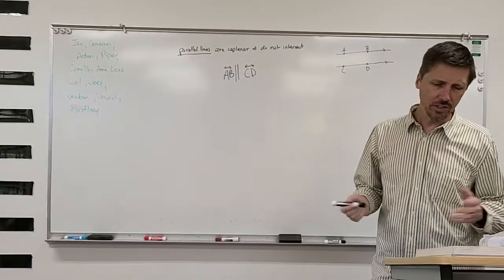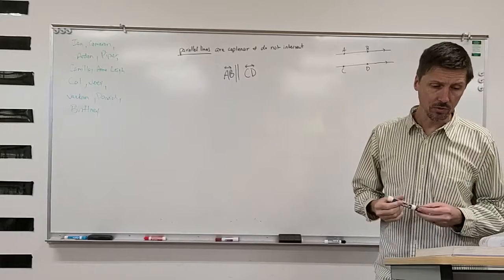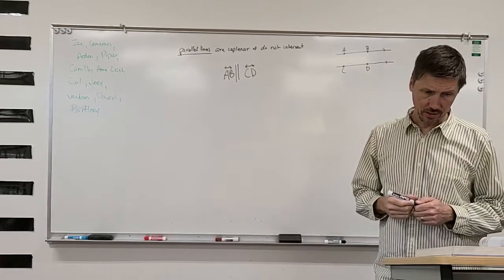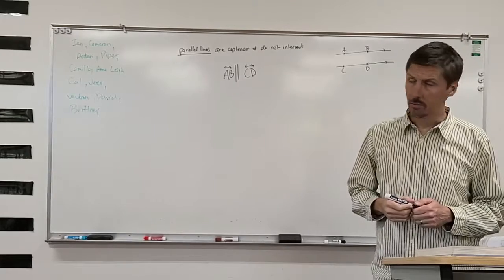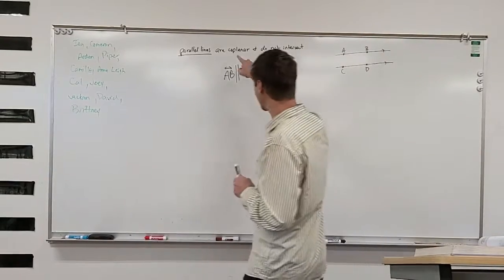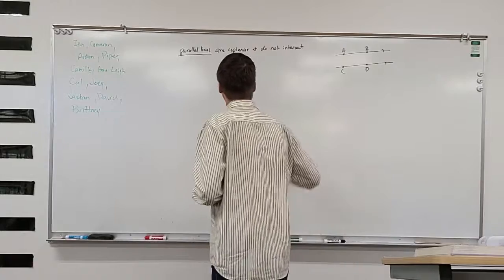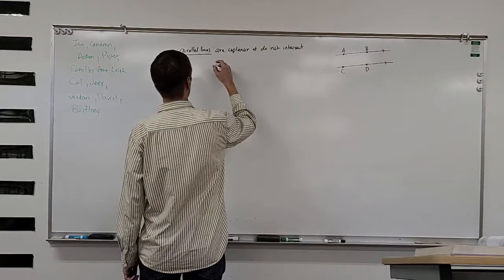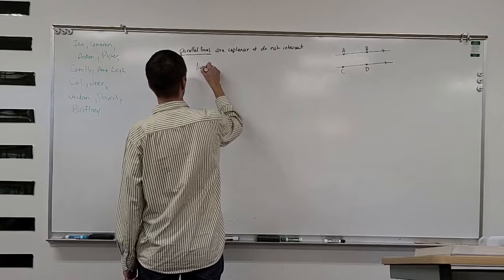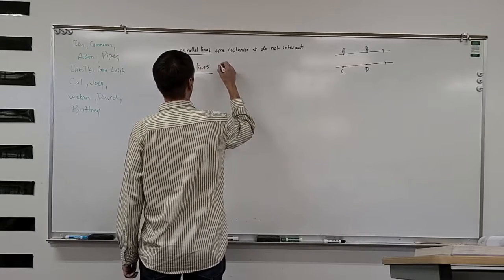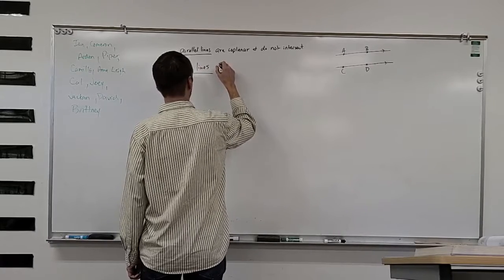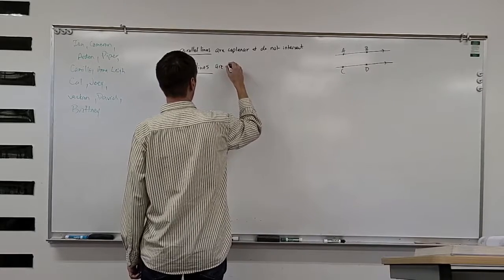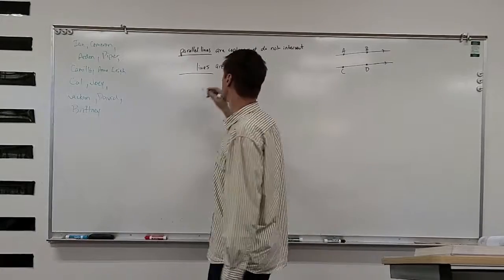Now this is a definition they give you in the book, and you don't use this one much: lines that do not intersect but are not coplanar. So I could say blank lines are not, and look, I'm going to give you guys a little practice on your symbols.